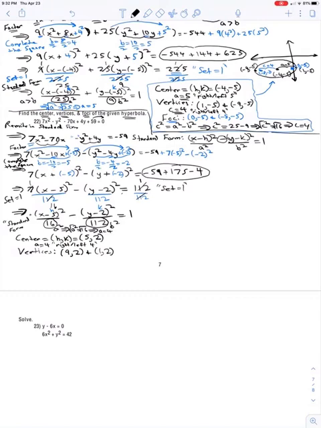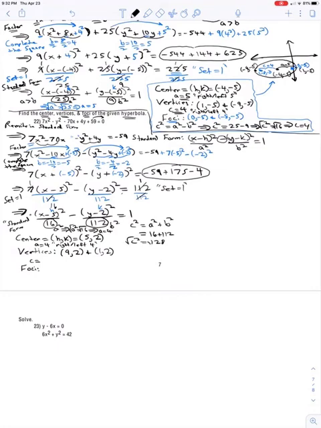And then the foci, let's go ahead and list those. For the foci, we need the value of c. Remember our relationship: in an ellipse, c squared equals a squared minus b squared. In a hyperbola, c squared always equals a squared plus b squared. So we end up with 16 plus 112, which is 128. So c squared is 128.